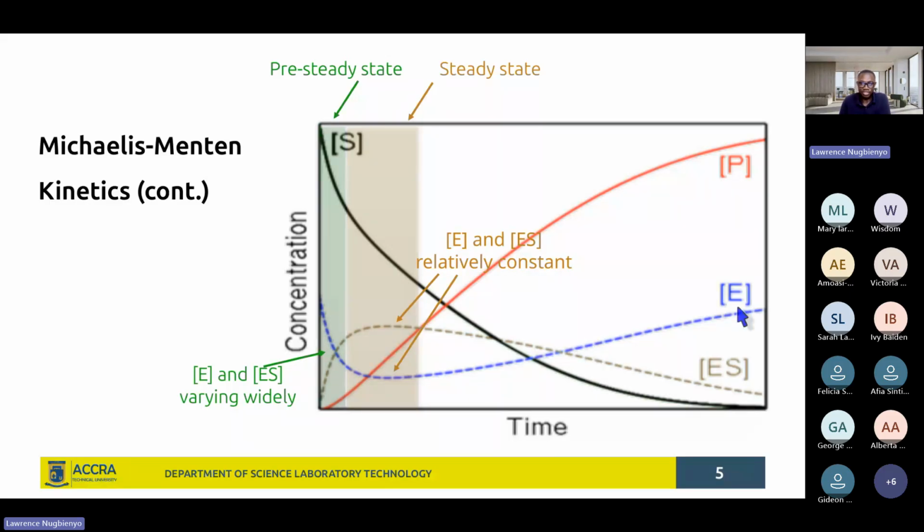So you have all these stages, the pre-steady state, the steady state, that have been considered in the Michaelis-Menten kinetics, which gives more perspectives into the kinetics of enzymes than the earlier study of Victor Henry.